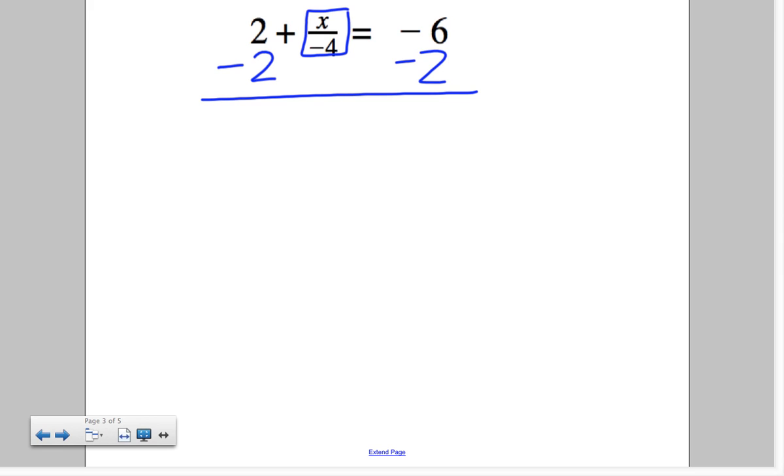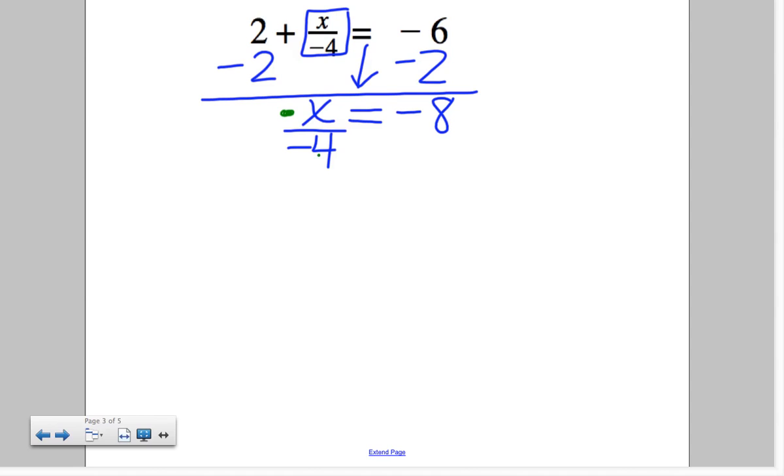This creates a 0 pair. So on the left-hand side, all we have left is the box. We're going to bring whatever is inside the box and rewrite it. And on the right-hand side, you put a negative 6 with a negative 2. Hopefully you get negative 8. Now from here, again, just like the last problem, instead of multiplication, we have x divided by negative 4. So the inverse of division is multiplication.